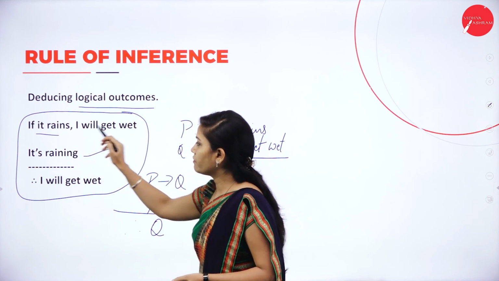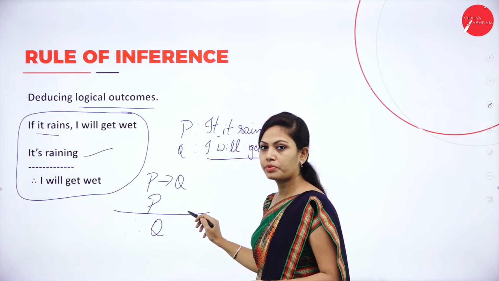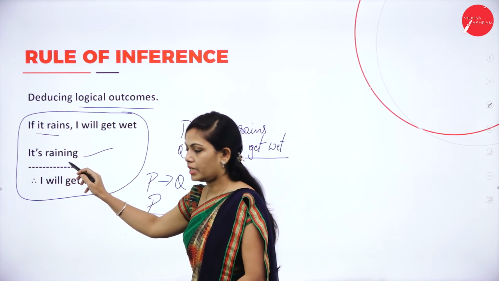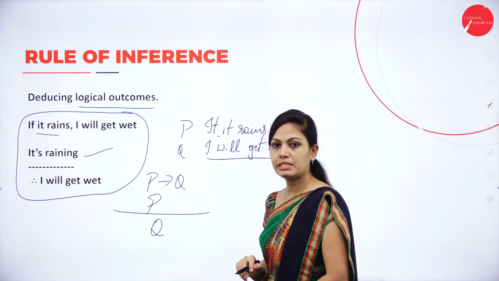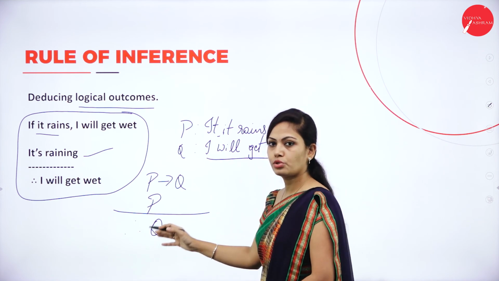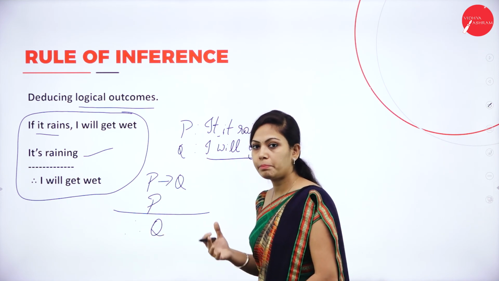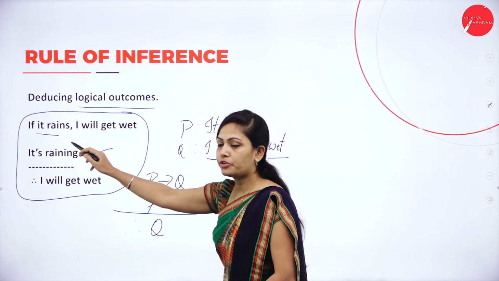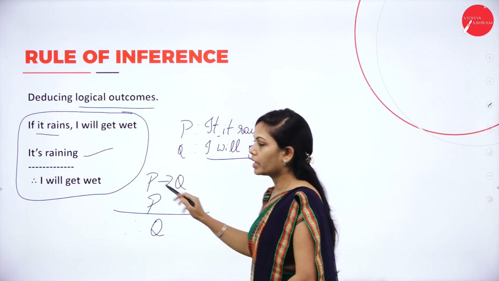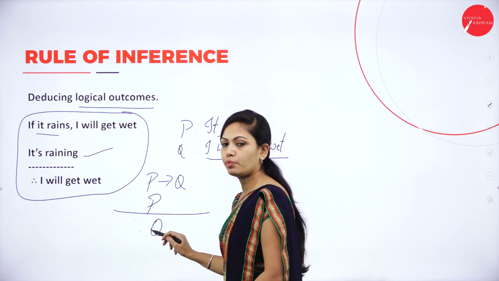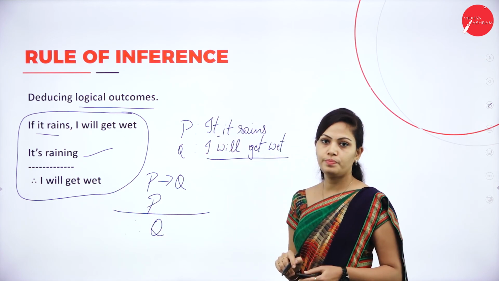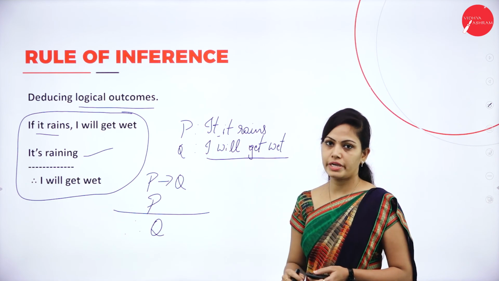If it rains, I will get wet means P implies Q. And the second statement, it's raining, means the statement P. So you will get the conclusion: I will get wet, which is the statement Q. This is called rule of inference.